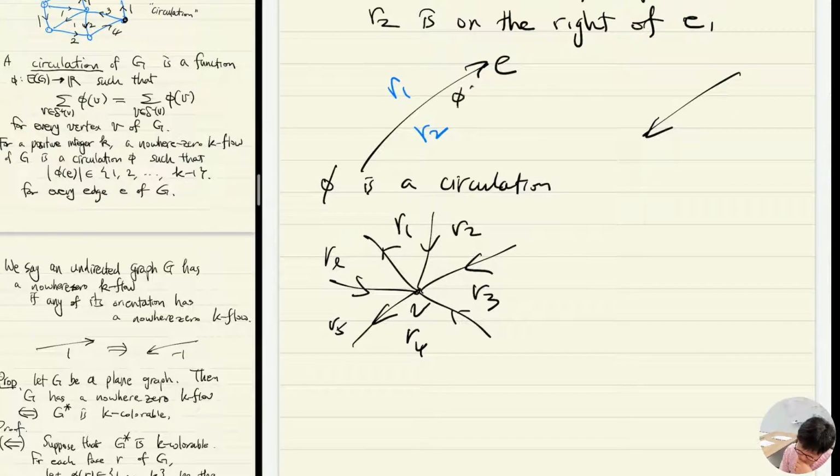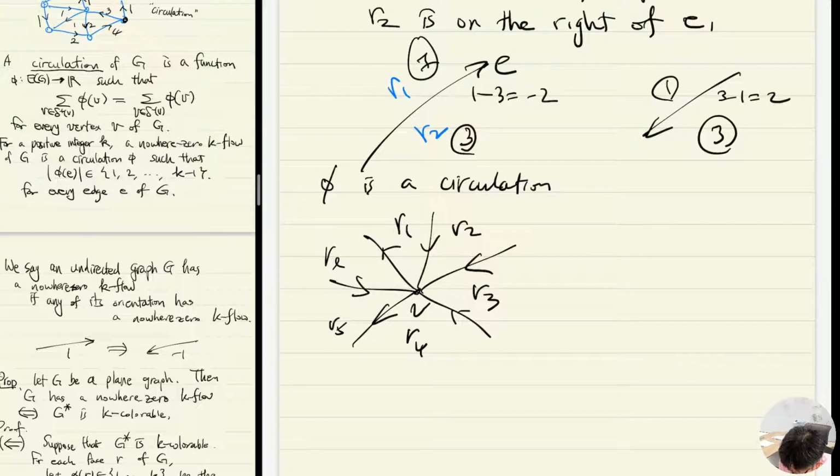So this phi was like R1 minus R2, left minus right. Let me give you an example. If this is color 1 and 3, then this was 1 minus 3, it's minus 2. Now if I reverse it, then this becomes 3 minus 1, which is 2. Again, when you reverse an edge, you multiply the value by minus 1, and the property of being a circulation is preserved. So to simplify the situation, we can assume that everybody is incoming just by reversing.